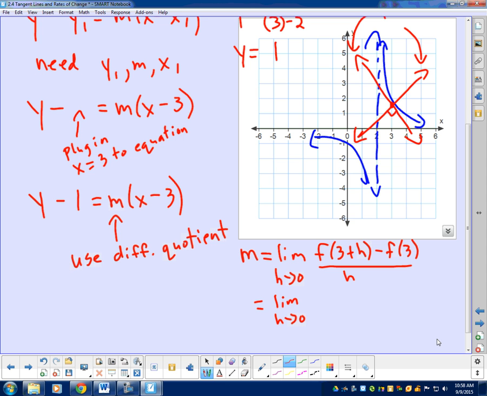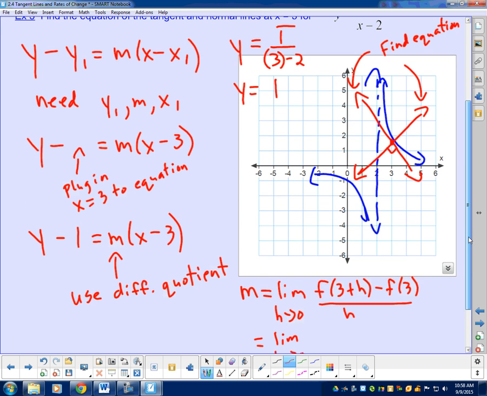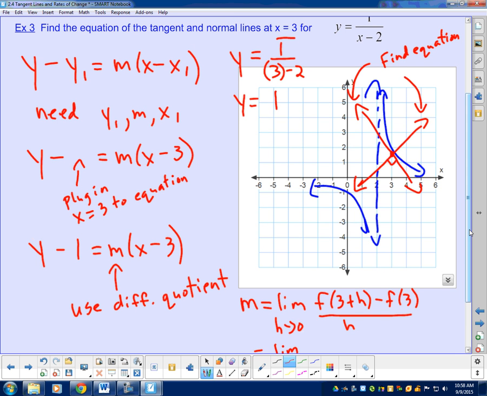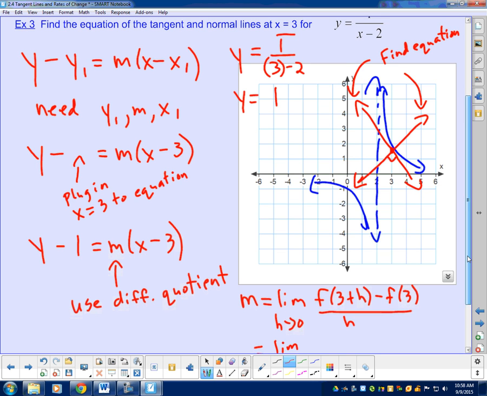F of 3 plus h is telling me, if you look up here, there it is, to plug in 3 plus h for x in this function. Okay, this is a hassle with rational functions. It's a bummer.